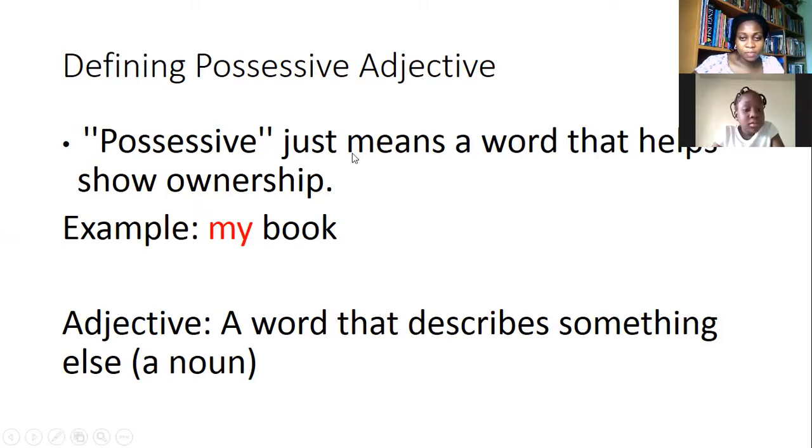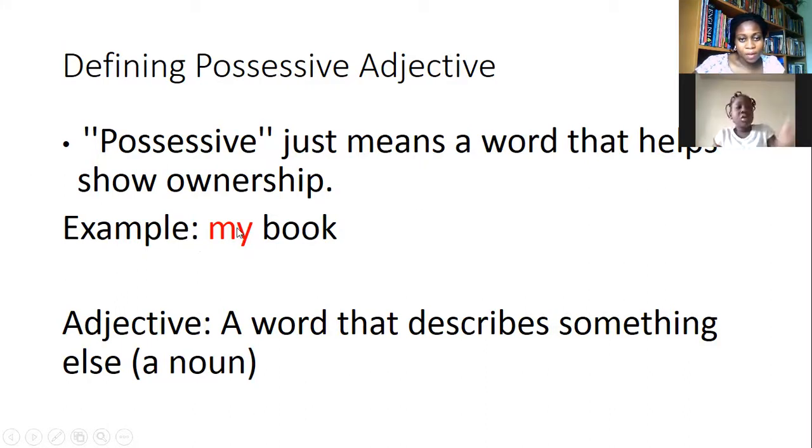So whenever you hear the word possessive, we're talking about what? Ownership. So we have possessive adjectives, and we have possessive pronouns, which you will do later, maybe in year 3. So we are looking at possessive adjectives. So ownership, when someone owns something.